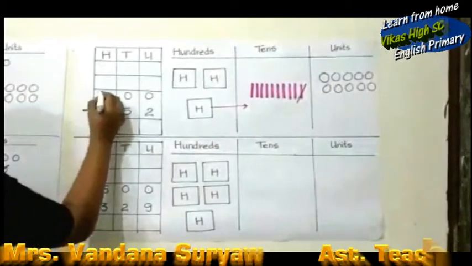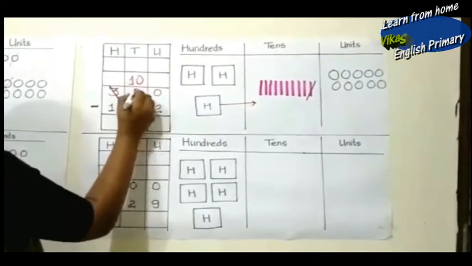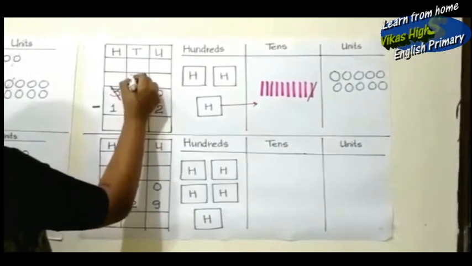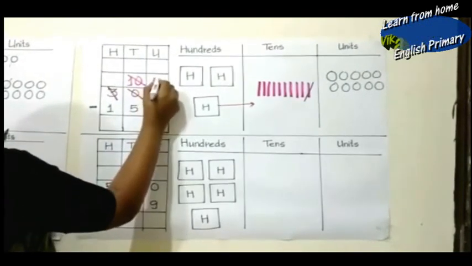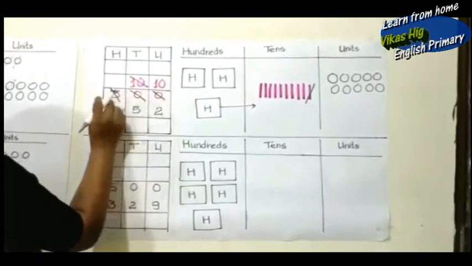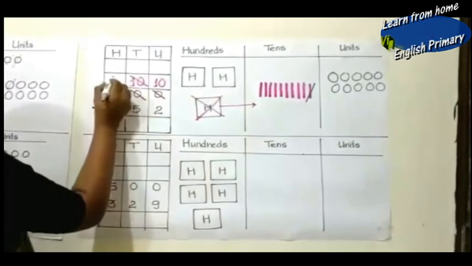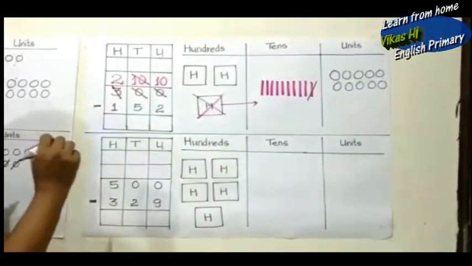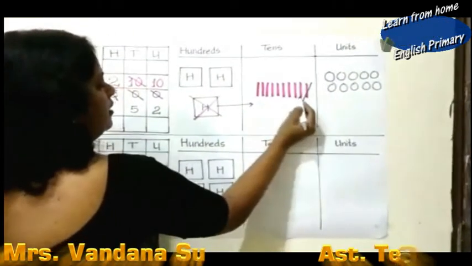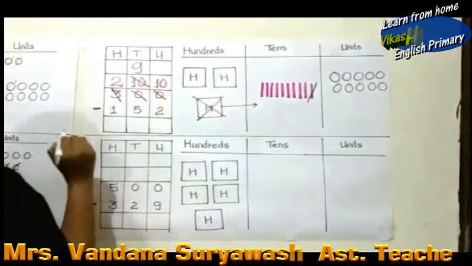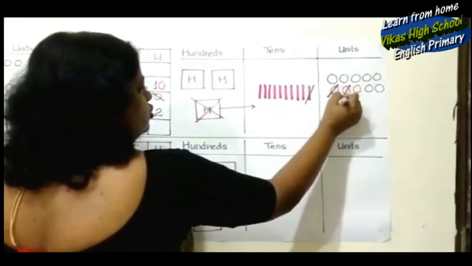Okay. Now, from this 300, we borrowed here tens, and from these 10 tens, we borrowed here 1 tens. So from this 300, 100 is borrowed to the tens, so here remains 200. And from these tens, when we borrow 1 tens, here remains 9 tens. Now, let us subtract 10 minus 2. That is 10 minus 2 units.